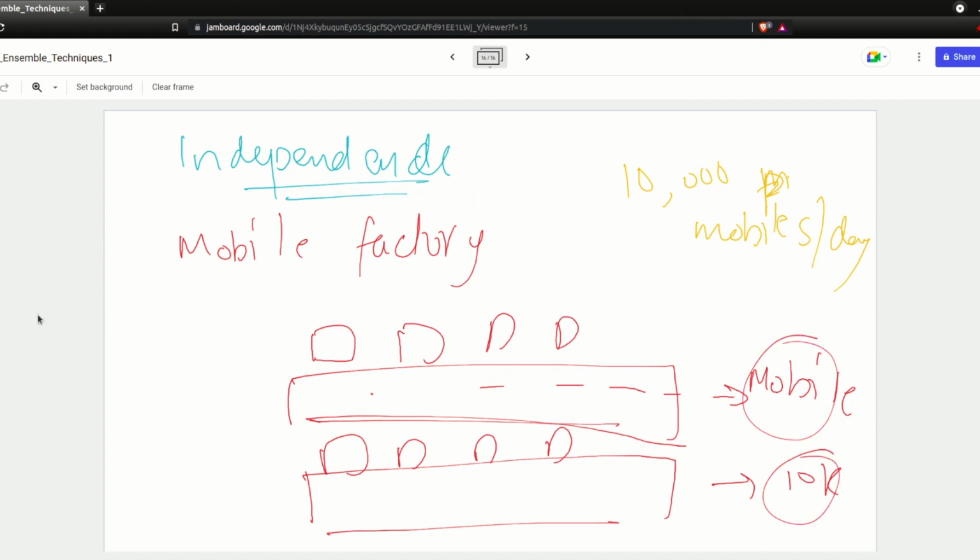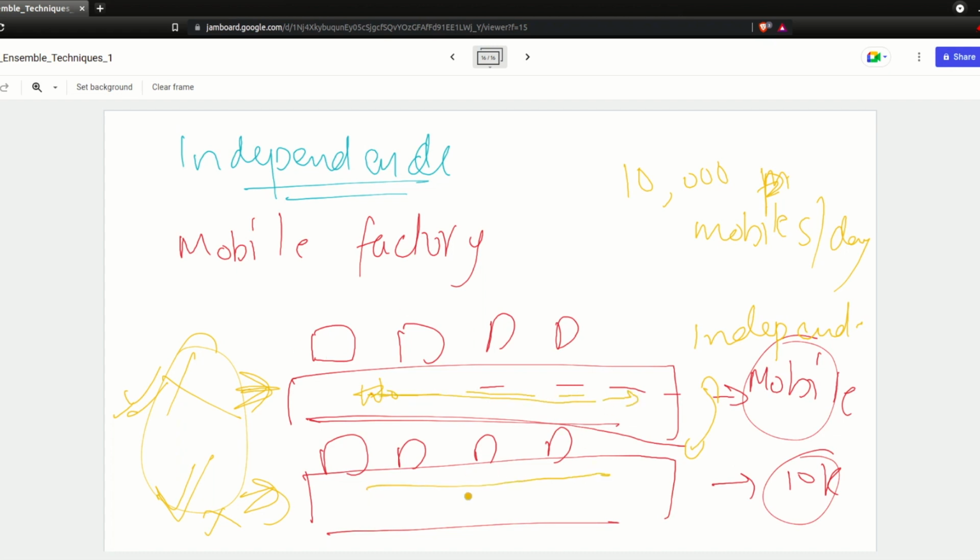Now try to understand that the working of this will not affect this. Even if you stop this one, the other will still work, and both can work simultaneously. So they are independent. On the other hand, the processes inside a single conveyor belt are dependent. This is the best example of dependent and independent operations in machine learning or any other process.